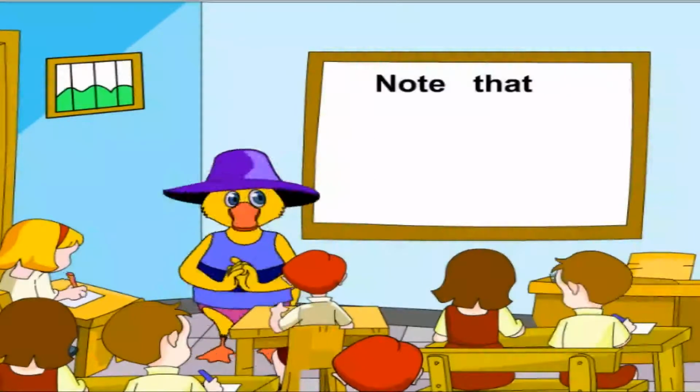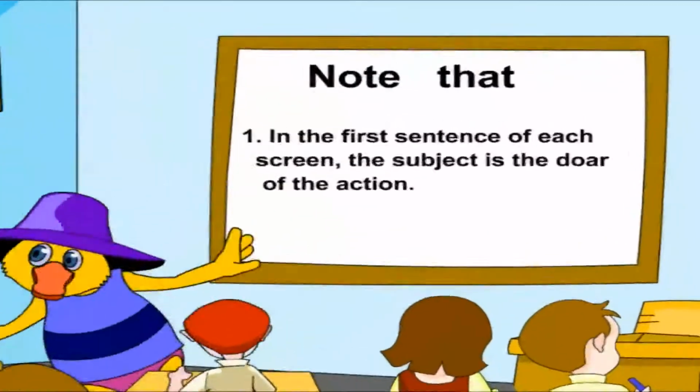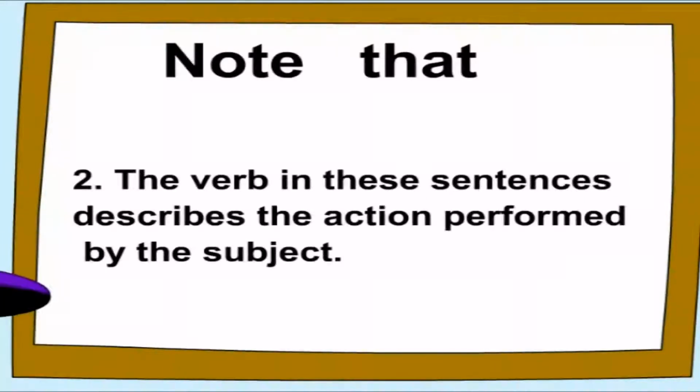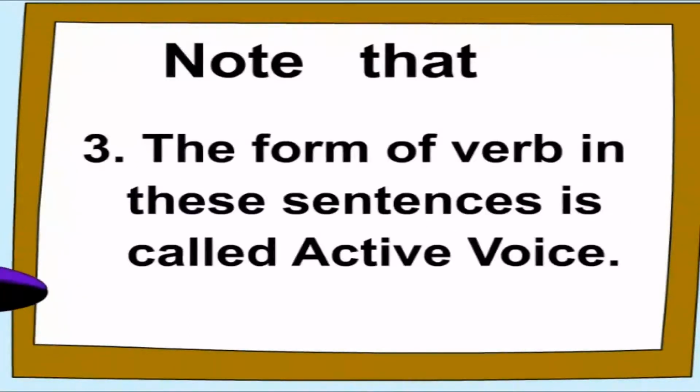Note that: 1. In the first sentence of each set, the subject is the doer of the action. 2. The verb in these sentences describes the action performed by the subject. 3.